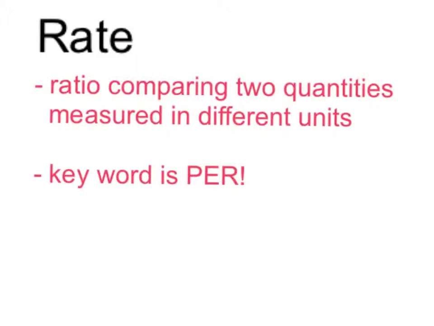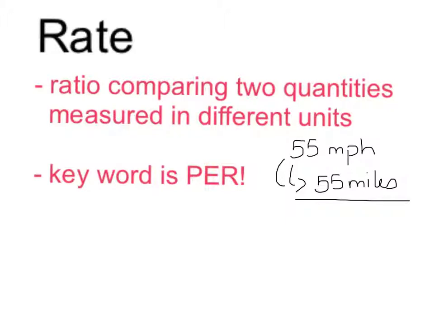When we begin to talk about rates, rates are basically ratios comparing two quantities measured in different units. So the most common rate we probably have is our speed. If somebody is going 55 miles per hour, let's write this out. What this is really talking about is somebody's going 55 miles per, and the key word here is per when we're dealing with rate.